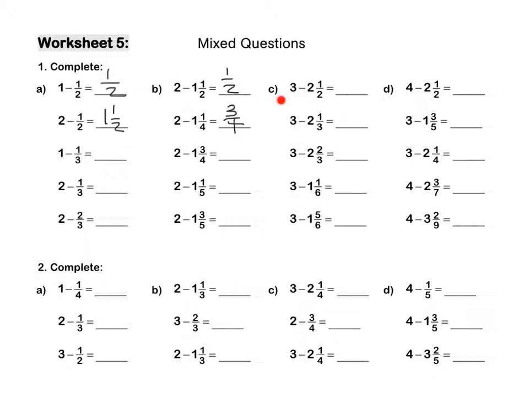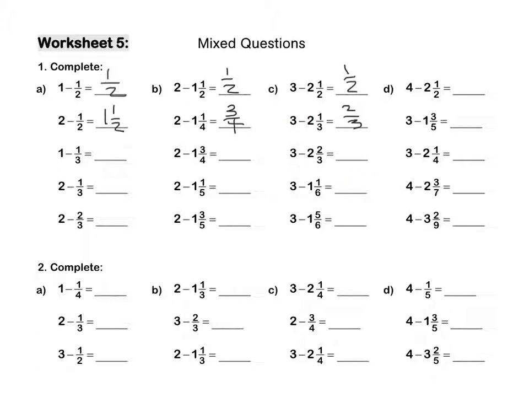Let's look at C. 3 minus 2.5 is 1/2, because 1/2 plus 2.5 is 3. 3 minus 2 1/3 is 2/3, because 2/3 plus 2 1/3 is 3 wholes.